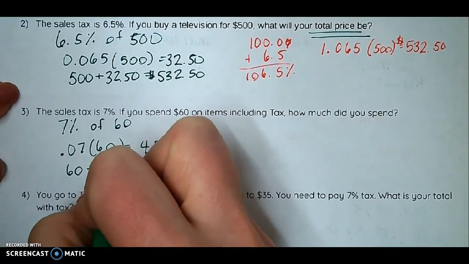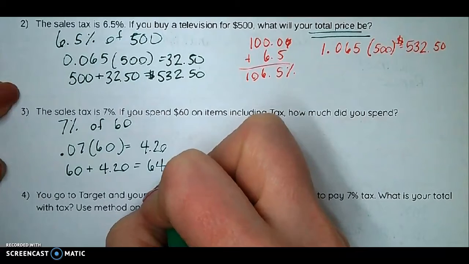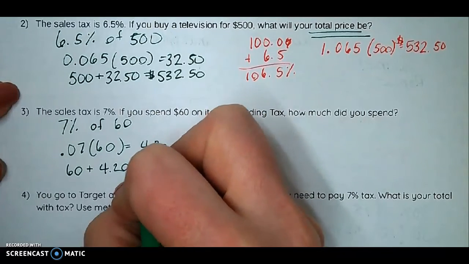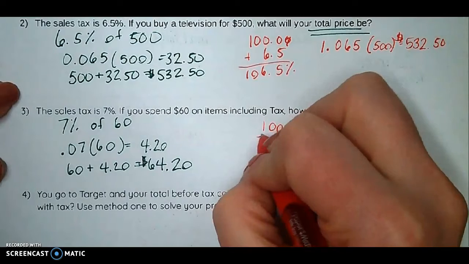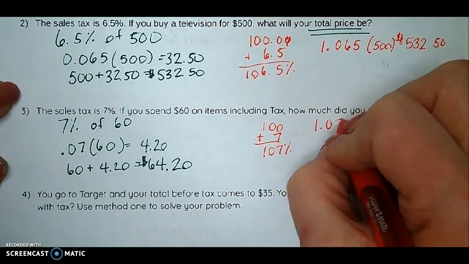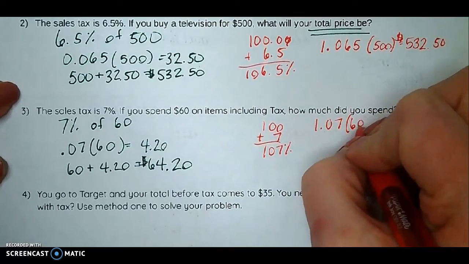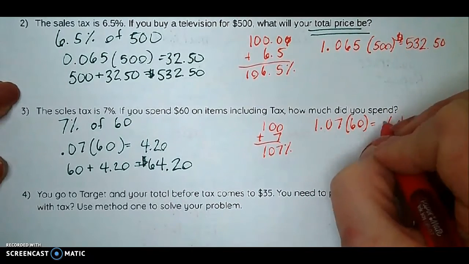When I add on the $4.20, it gives me a total of $64.20. Method number 2, I would just add that to the 100%. And in one step, I will get $64.20.